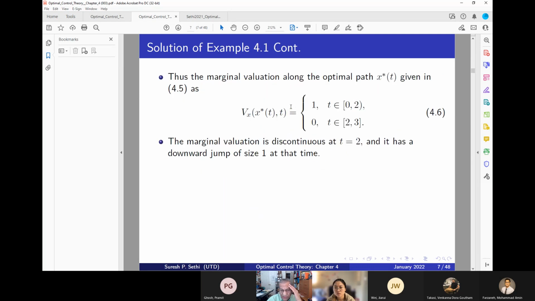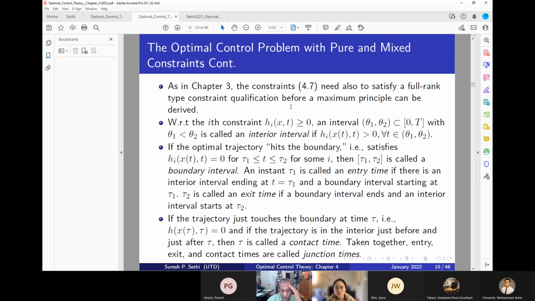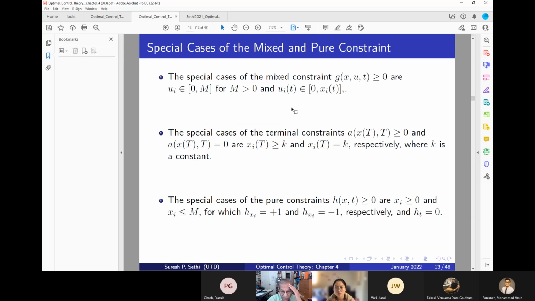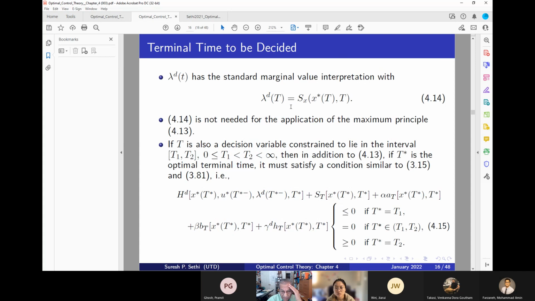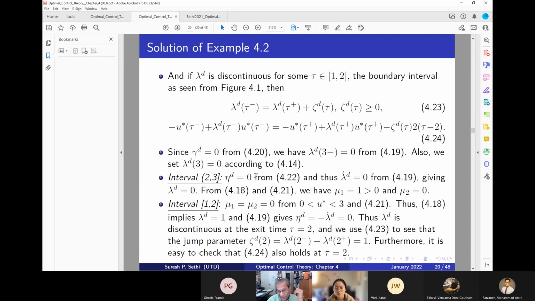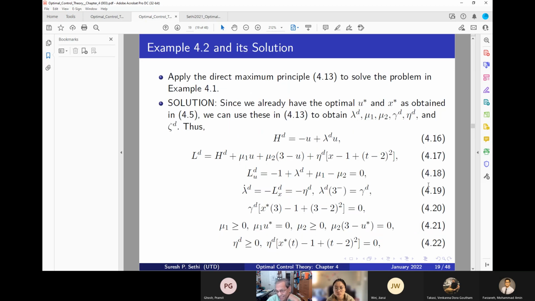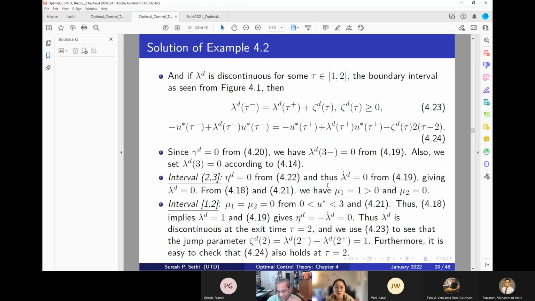So on 2 to 3, the constraint is not active, so its multiplier has to be 0. So eta d is 0 because the constraint is not active. And if eta d is 0, then we go to 4.19 and fix eta d as 0, so lambda dot d is equal to 0. And because lambda dot d is 0, its solution is lambda d equal to 0.